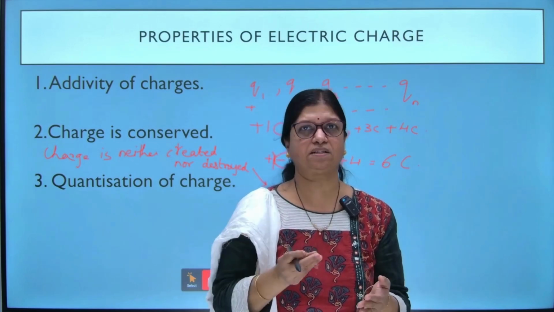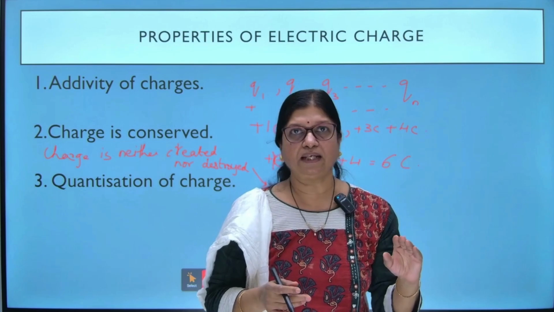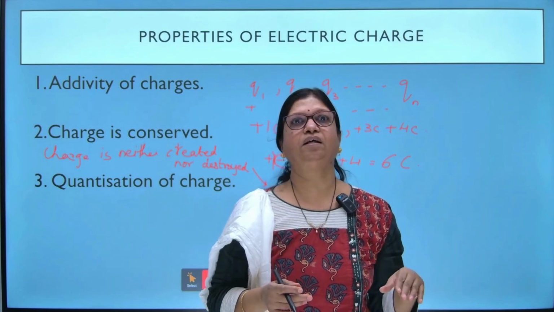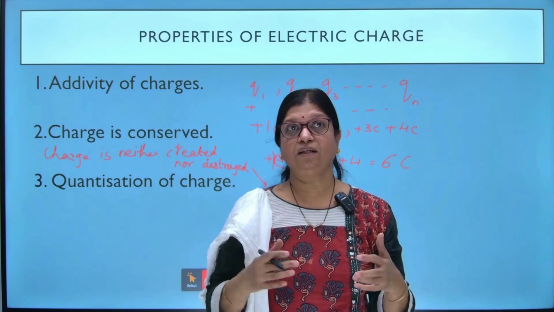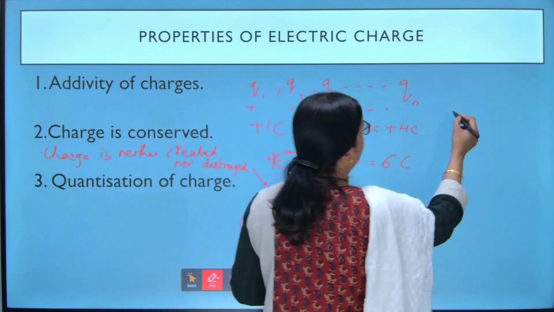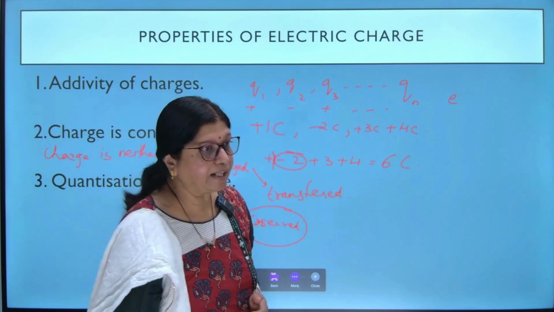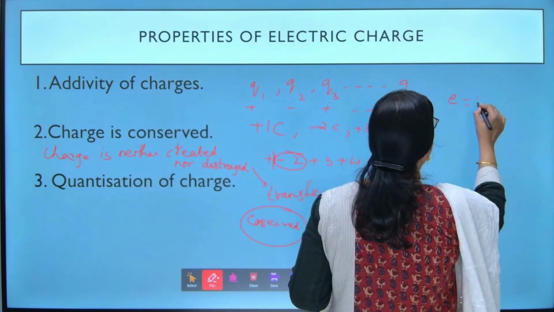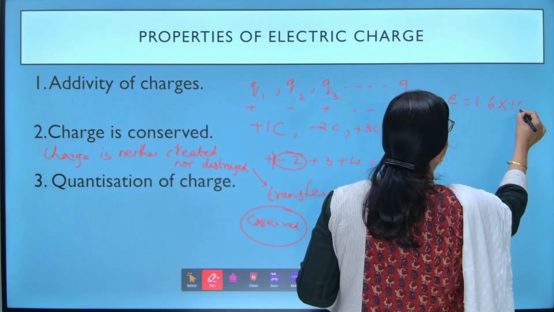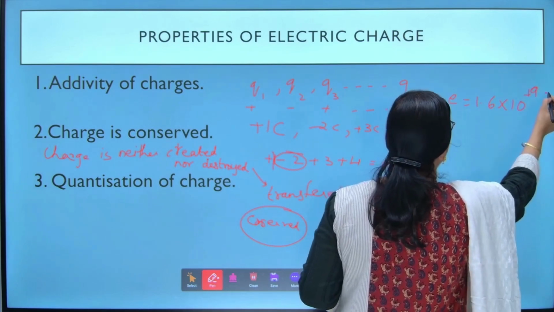These are the units which we consider as a common unit for measuring any physical quantity. Like that, for the measurement of charge, we have a unit which is the charge of an electron, e. The value of this charge is 1.6 into 10 raised to minus 19 coulombs.